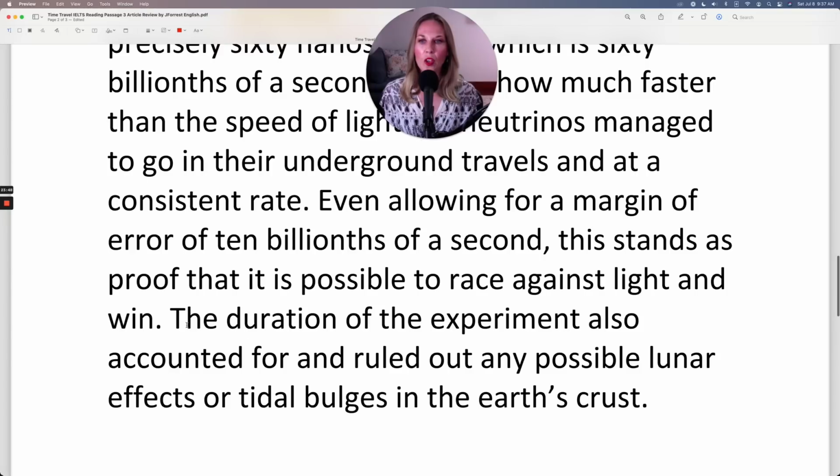The duration of the experiment, duration is the length. The duration of the experiment, the length of this experiment, the entire time of the experiment. So length or entire time of the experiment also accounted for. When you account for something, you simply consider it.